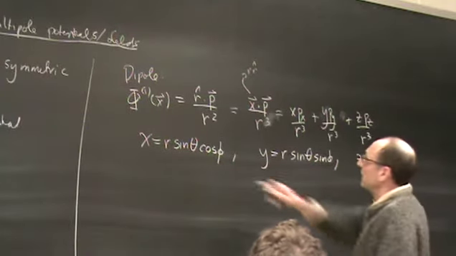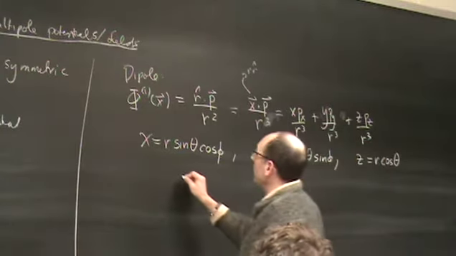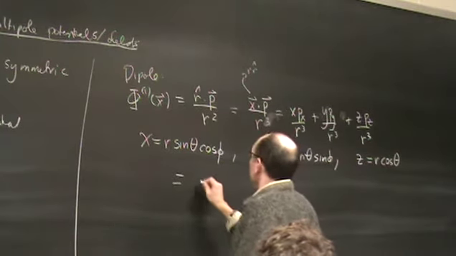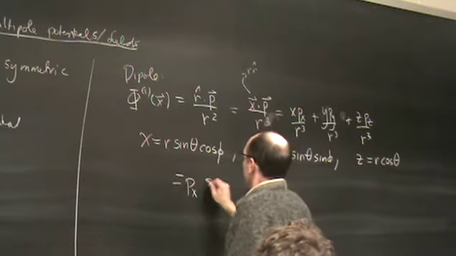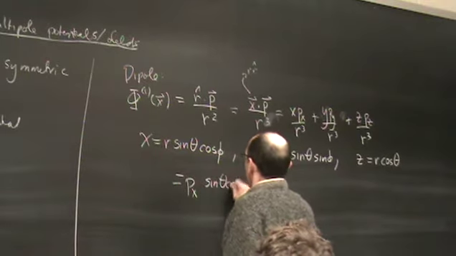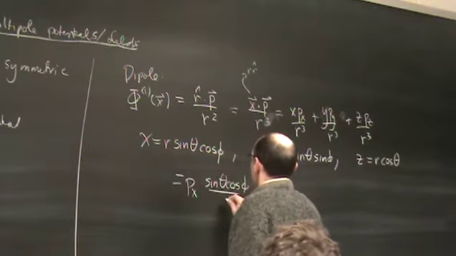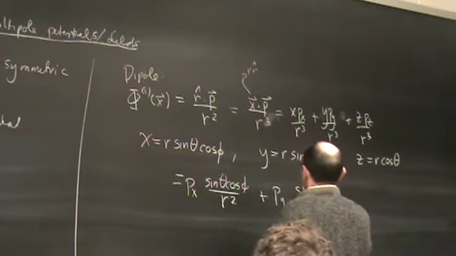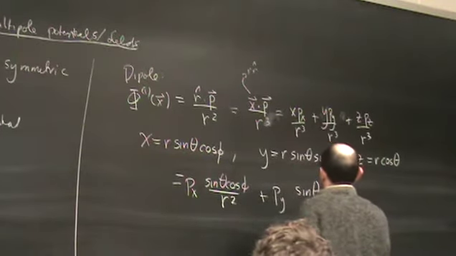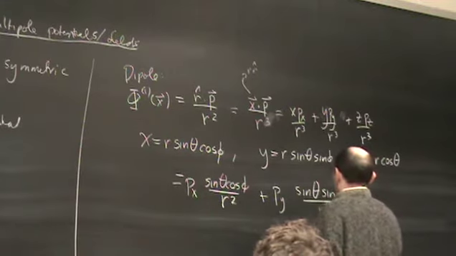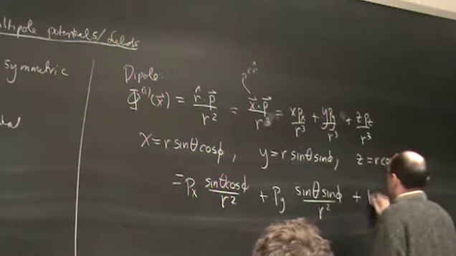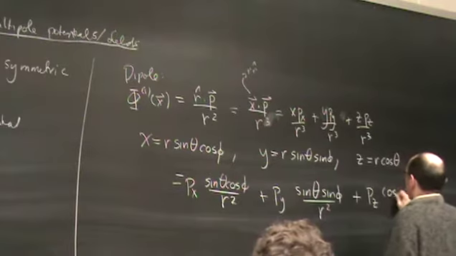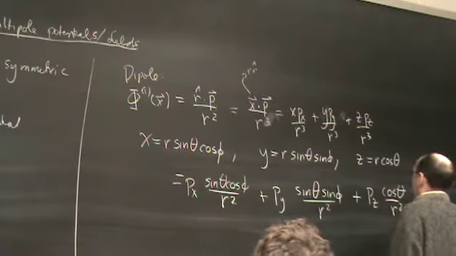In this case, we can just plug these in, and we get px sine theta cosine phi over r squared, plus py sine theta sine phi over r squared, plus the z component, pz cosine theta over r squared.